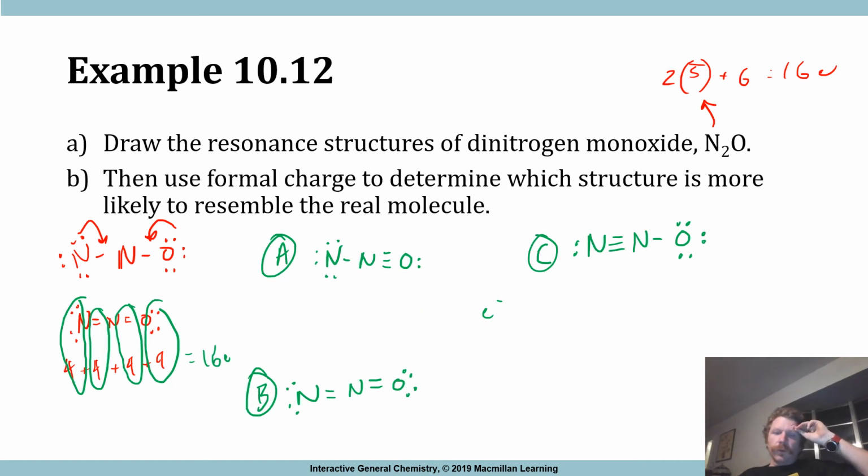Well, I've got to go through this formal charge calculation. The first thing that I'm going to do is look at my formula for formal charge.